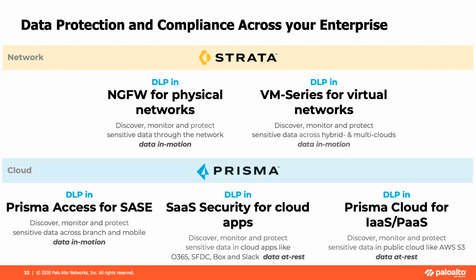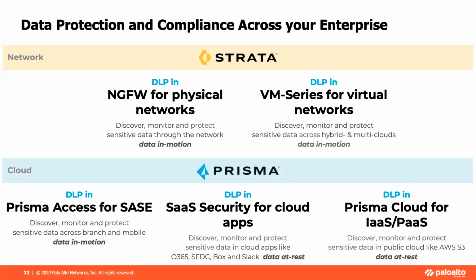Other pieces of our platform, such as Prisma SaaS and Prisma Cloud, are looking at data at rest. So in other words, with networking devices, next generation firewalls, our VM firewalls, Prisma Access, where traffic is coming through us and we're inspecting that traffic, as the traffic comes through us, we see it.